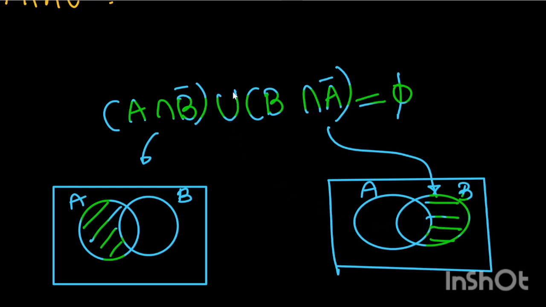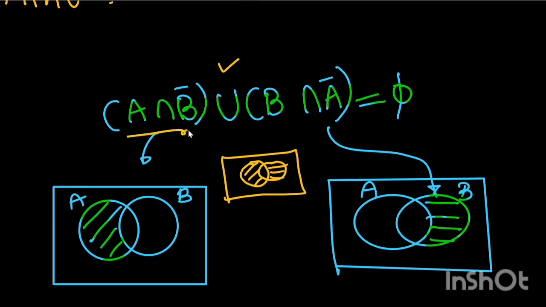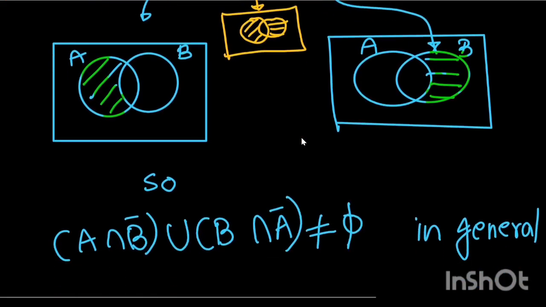So if you take their union, definitely it won't be φ; it would be like this on the left and this on the right. So this would be this whole thing, represented by the shaded region. Now they have given it to be φ. As we can see, if A and B are any general sets with respect to the universal set, it is not equal to φ, as we can see from the Venn diagram in general.